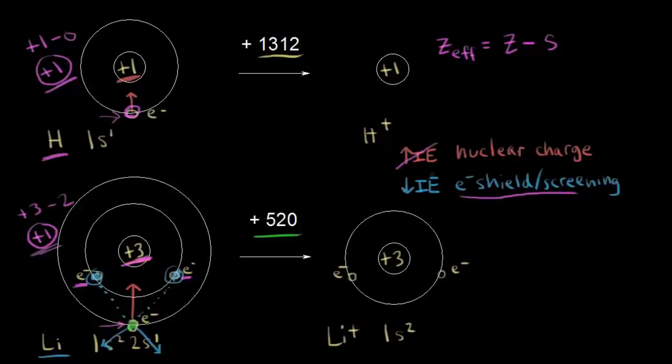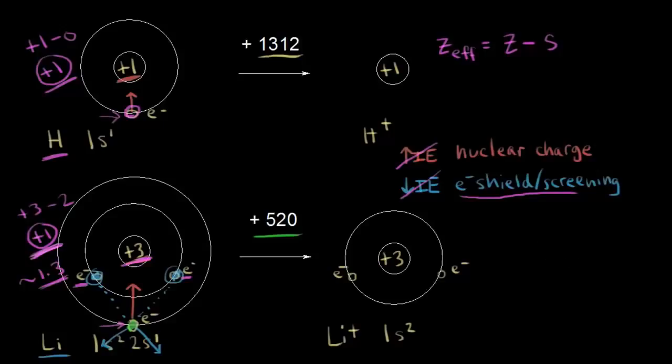Of course, this is a very simplistic way of calculating the effective nuclear charge. In reality, for lithium, if you do it the more complicated way, you actually get a value of approximately 1.3. So we can say that lithium's effective nuclear charge is close to +1, even though it's a little bit more accurate to say it's around 1.3. For our purposes, the electron shielding for lithium cancels out that increased nuclear charge.